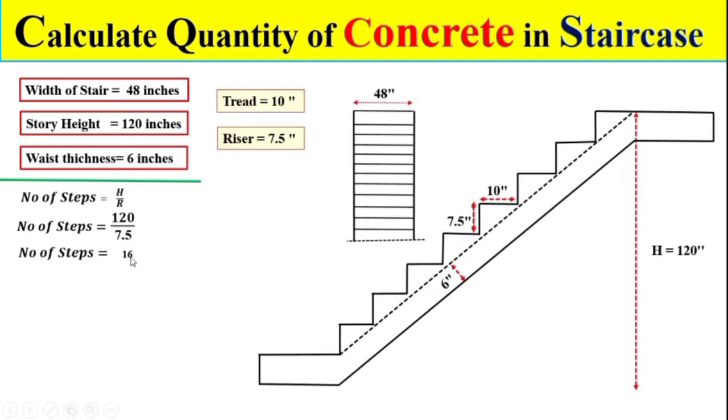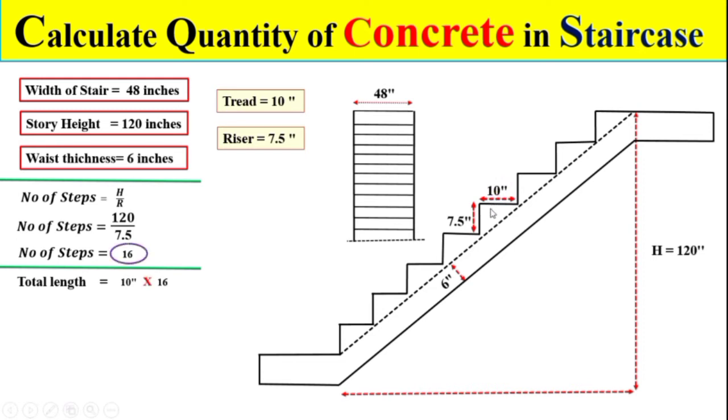Now if the total number of steps is 16, how can we calculate the total length of the staircase? We can easily calculate it by taking the tread size and multiplying it by the total number of steps. So we get the total horizontal length of 160 inches.